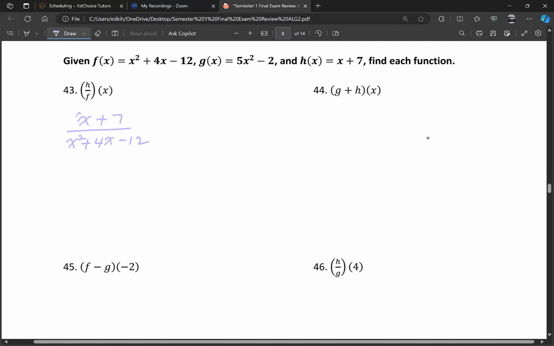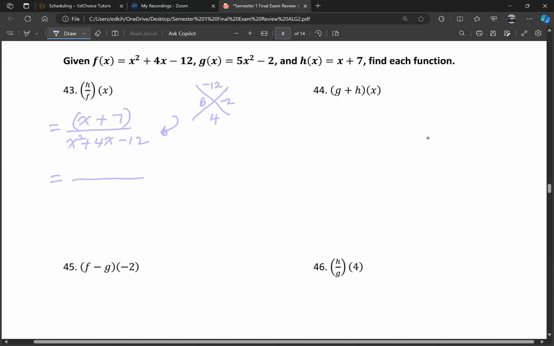Typically, you are supposed to simplify these if you can, but let's see if we are able to do that. Focusing on the denominator, is it factorable? Let's see. The product is negative 12. The sum is 4. What multiplies to negative 12 and adds to 4? You might be thinking 6 and 2, but I would have to make the 2 a negative.